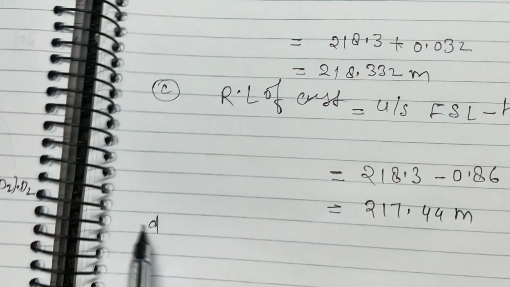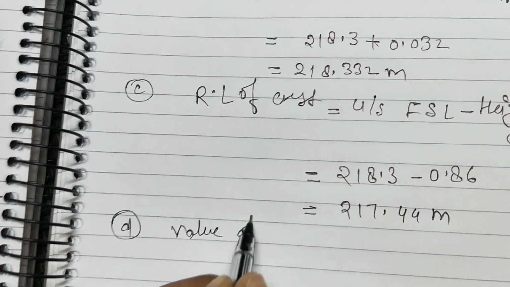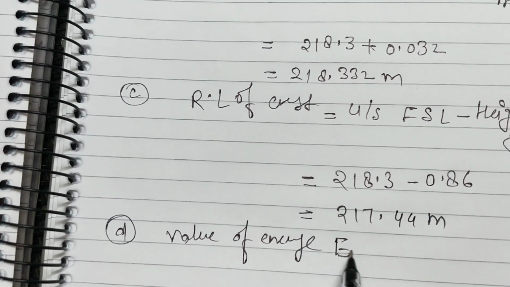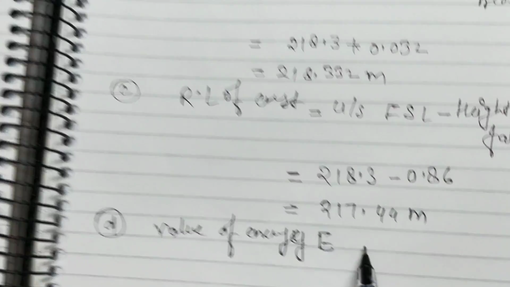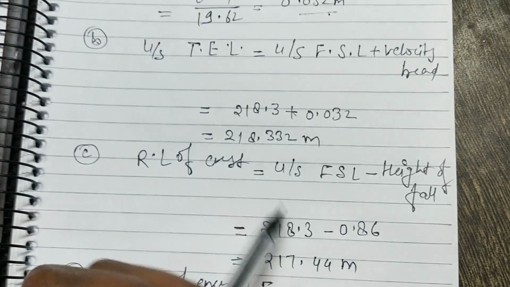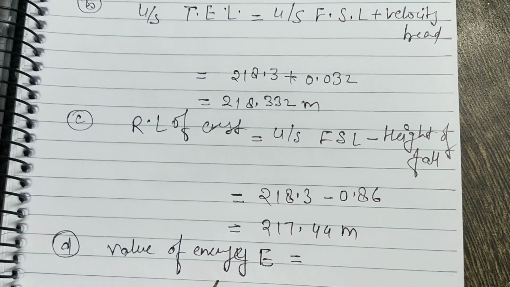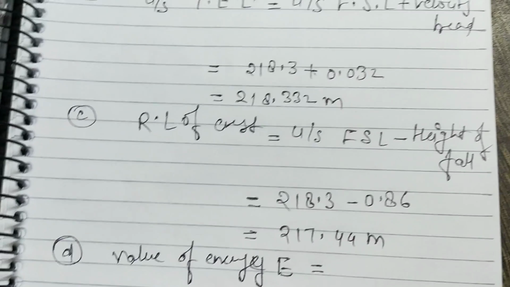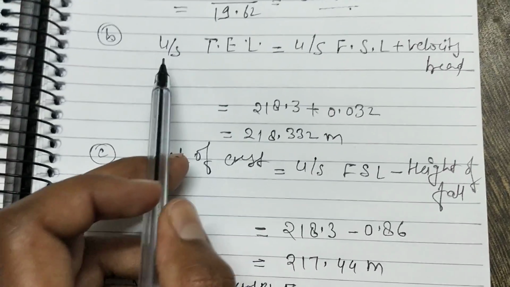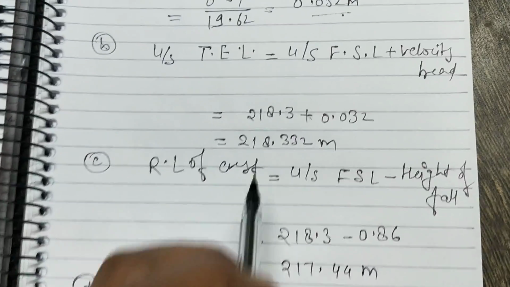Now the last part of the second step is the value of energy, capital E, which is the difference of upstream TEL, total energy line, minus RL of crest.